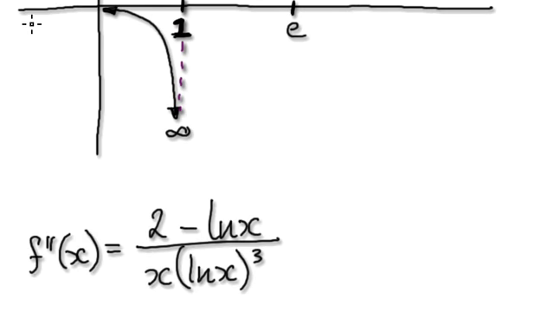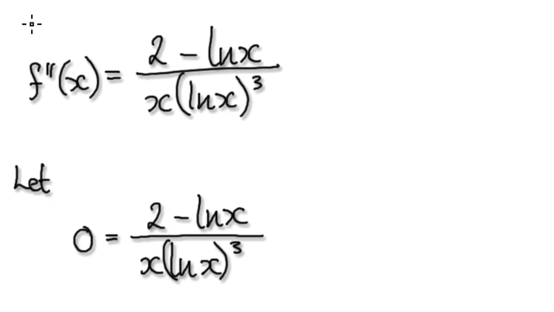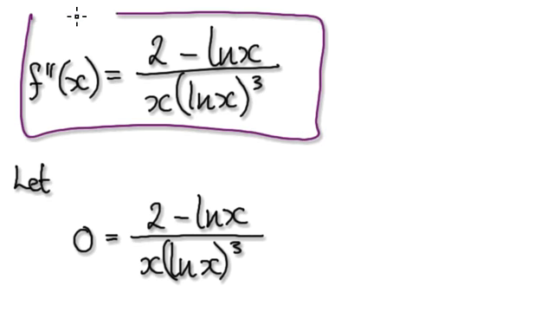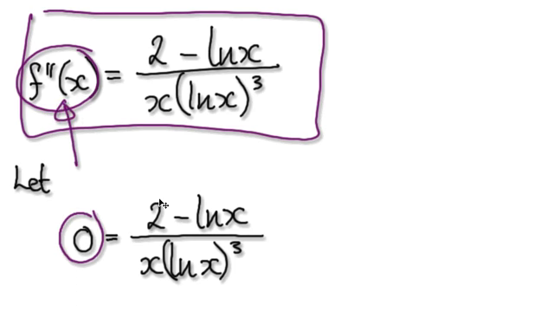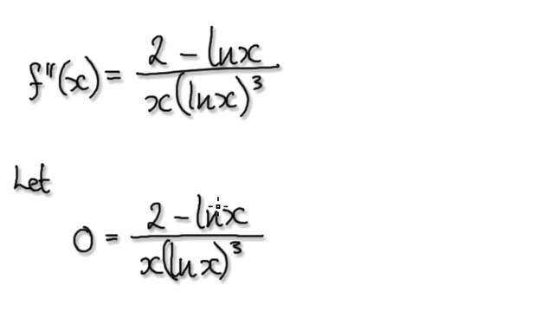So looking at that, we now want to find out when this equals 0. Set this to be 0, and then find the value of x when f double prime equals 0.